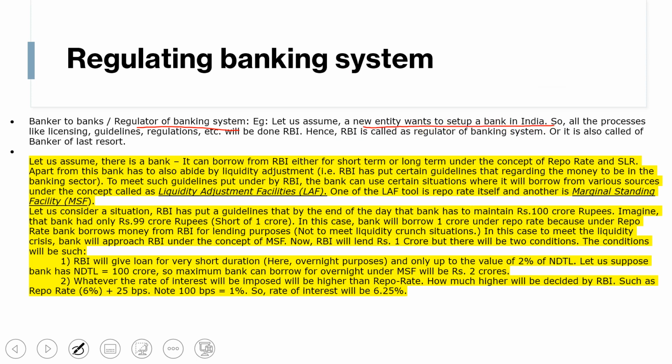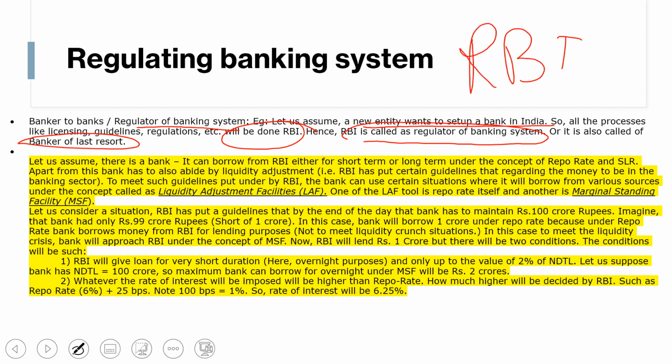All the processes, whatever licenses are required, guidelines, regulations and all, these things will be taken care of by the RBI. Hence RBI is called the regulator of the banking system, or the banker of last resort. Whatever policies and processes are required, there should be some authority, and that authority is our RBI.